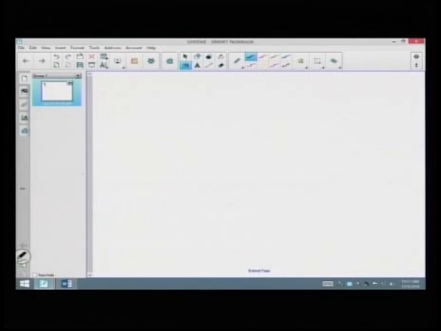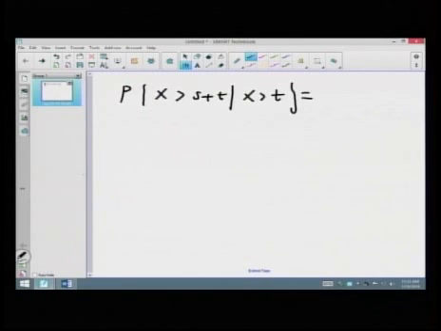You remember, in our first class, I mentioned that the probability that X is greater than s plus t, given X is greater than t, is the same as the probability that X is greater than s, for all non-negative s and t.